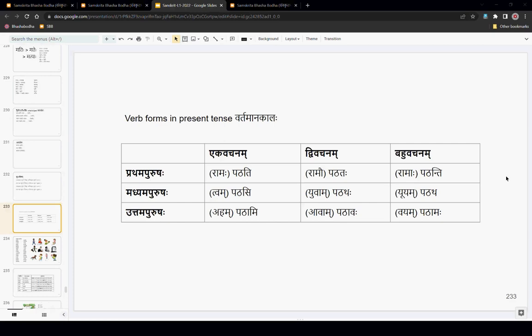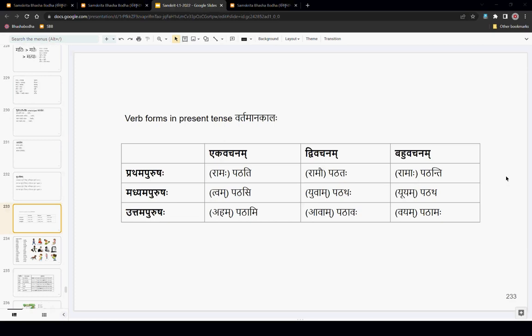So we saw the example, what is the Pratipadikam of Ramena? It is Rama. What is the Pratipadikam of Ramasya? It is Rama. What is Pratipadikam of Ramaha? It is Rama. So the base word is only one for that entire Vibhakti table.